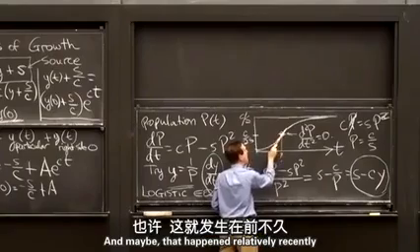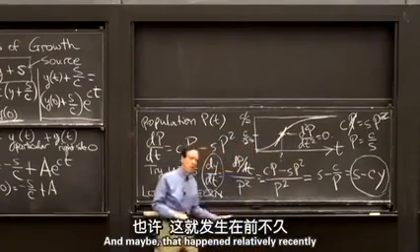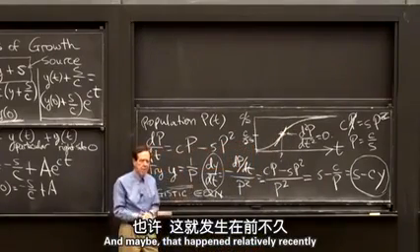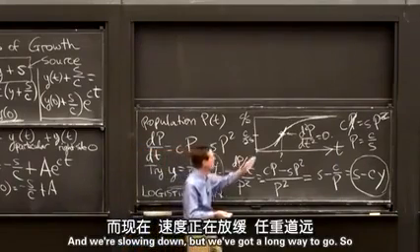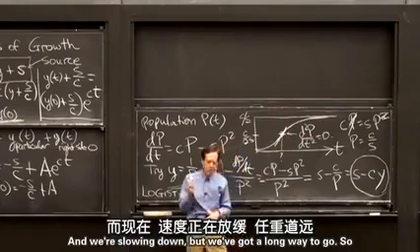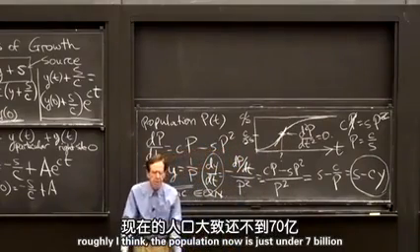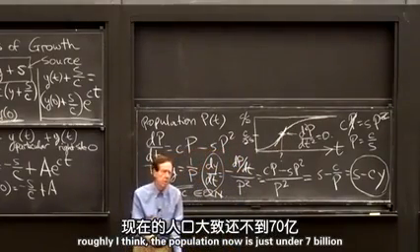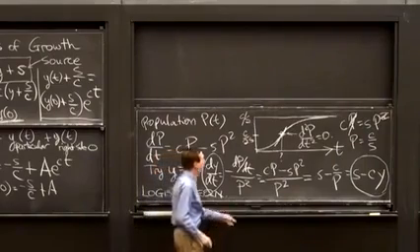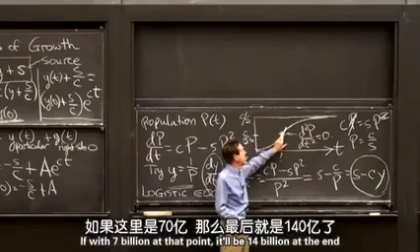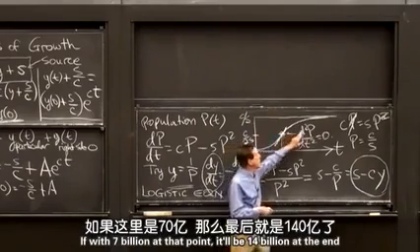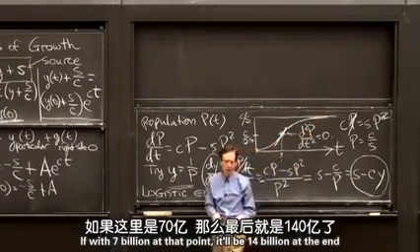And maybe that happened relatively recently. And we're slowing down, but we've got a long way to go. So roughly, I think the population now is just under 7 billion. And oh boy, if it was 7 billion at that point, it would be 14 billion at the end.